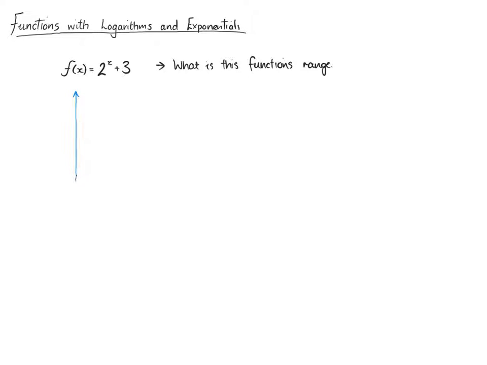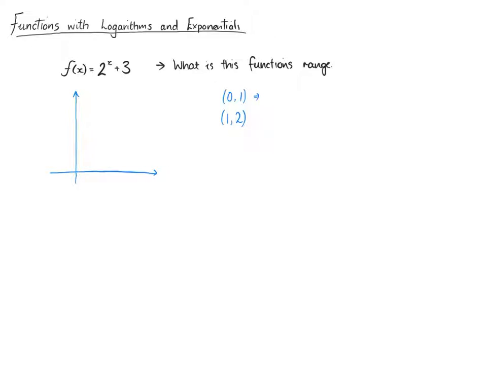So if we kind of think of this here. If we have an exponential, we start with the position 0, 1, and we start with 1, a, and a is the base of the exponential. So we would have the points 0, 1 and 1, 2.